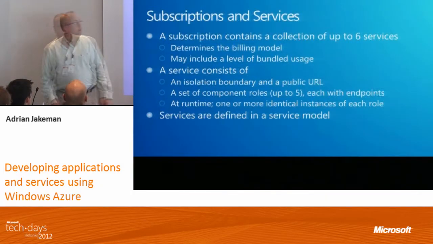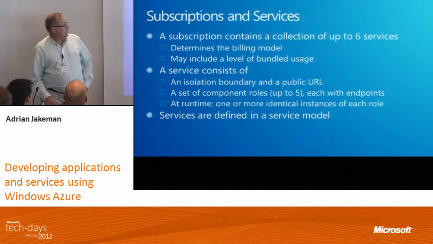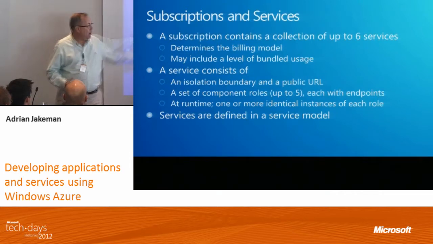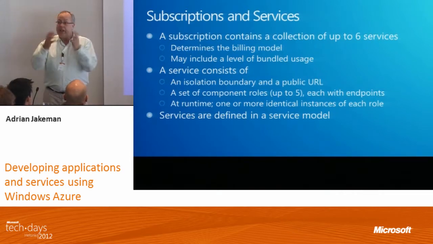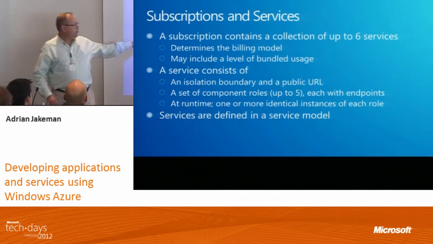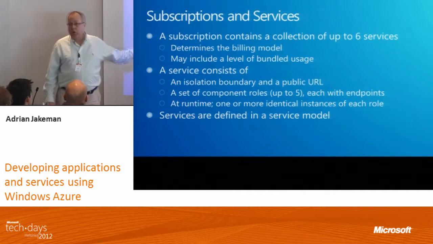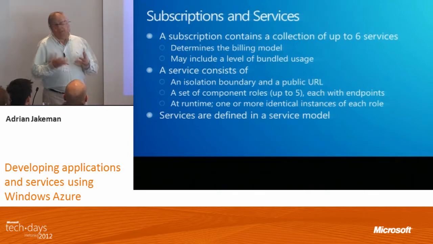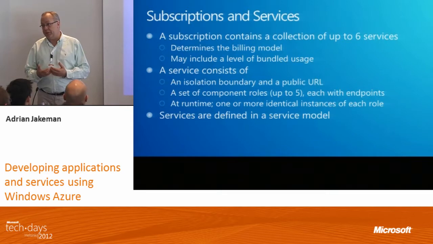Okay, so subscriptions themselves are made up of a number of services, as we've already seen, and the service, as we've already seen, provides a public URL, is an isolation boundary, a siloing of your application, and can be made up of up to 5 roles, web roles, worker roles, within each of these services that go with the subscriptions.